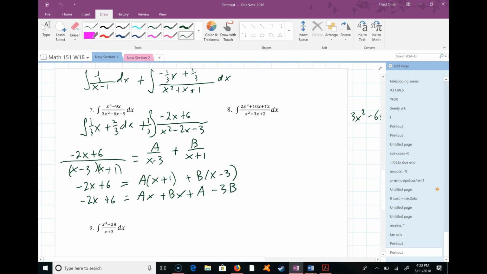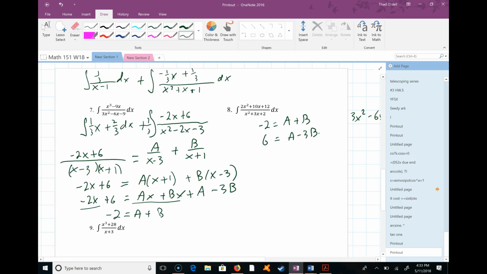So now we know that negative 2 is equal to A plus B, because of that and that. And 6 is equal to A minus 3B.